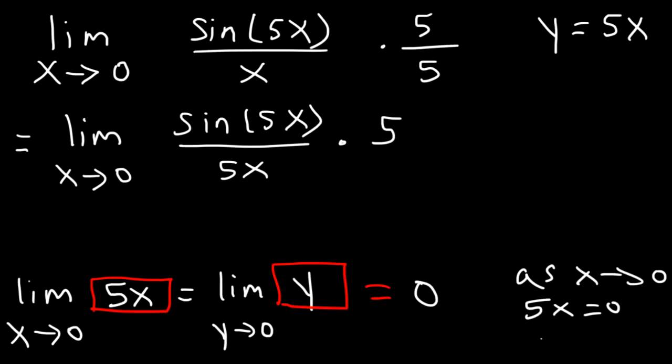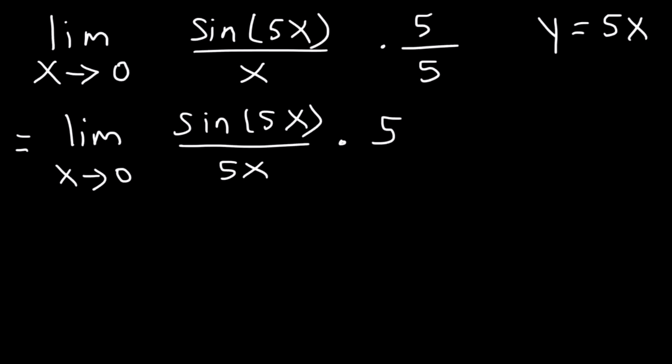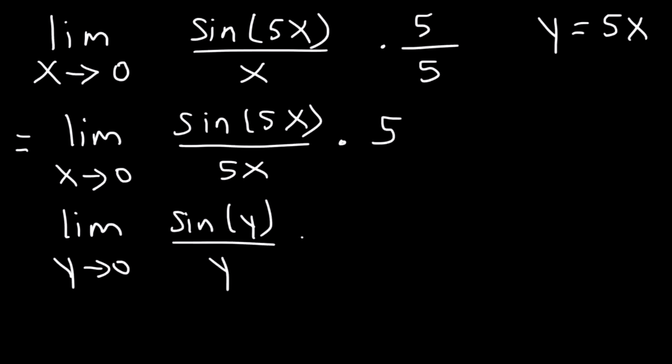And 5x is y, so y becomes 0 too. So by making that statement, we can now change the limit to this expression. We can say the limit as y approaches 0 of sine y divided by y, times 5. So all we did is substitute 5x with y.